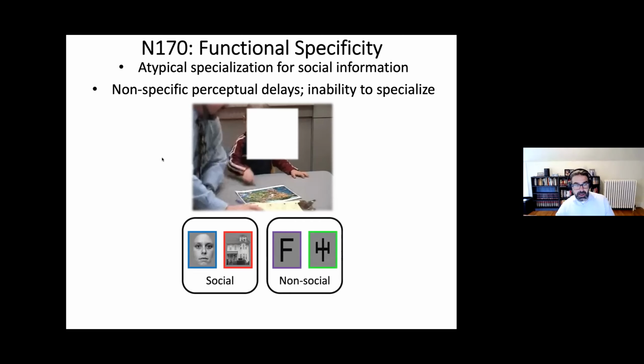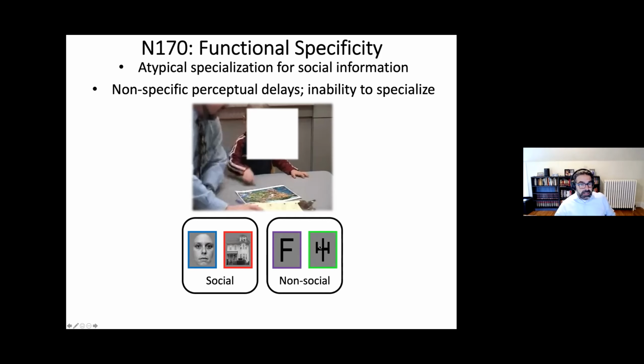We could say, all right, we've seen that people with autism show a different N170 response to faces, and we think this is meaningful about social, but let's compare it. Let's compare their brain response to letters, and then to understand whether they were showing specialization in the N170, we compared it to fake letters, pseudo letters.